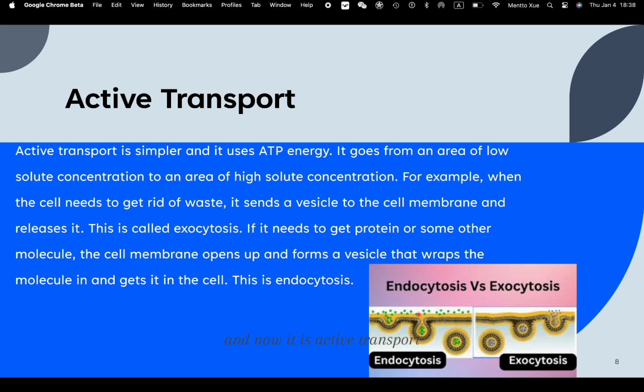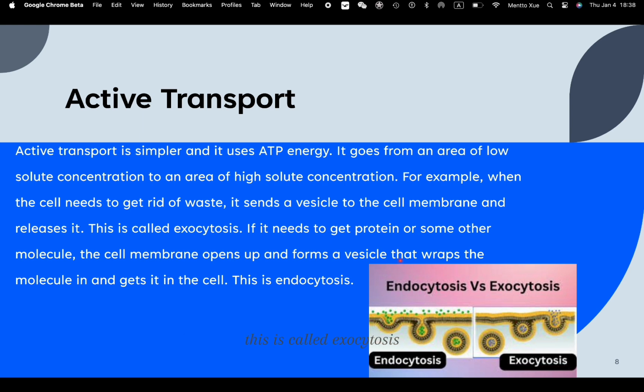Now it is active transport, and this is simpler and it uses ATP energy. It goes from an area of low solute concentration to an area of high solute concentration. So for example, when the cell needs to get rid of waste, it sends a vesicle to the cell membrane and releases it.